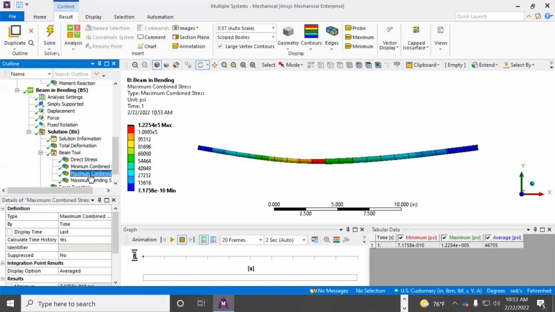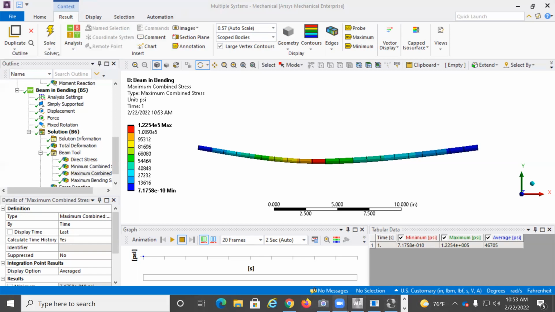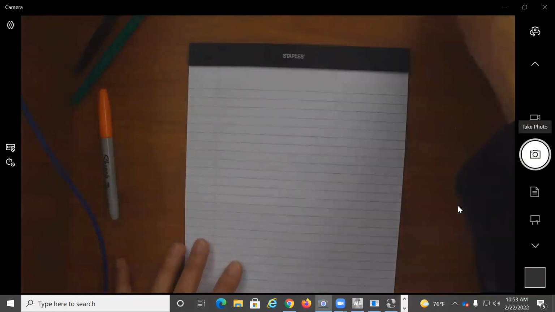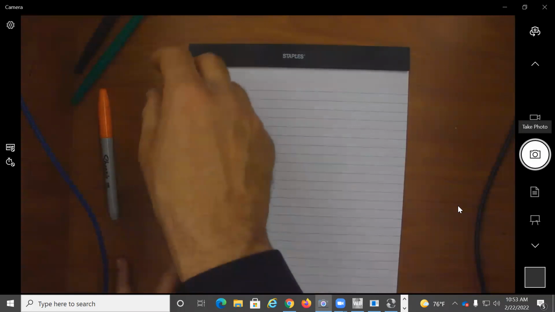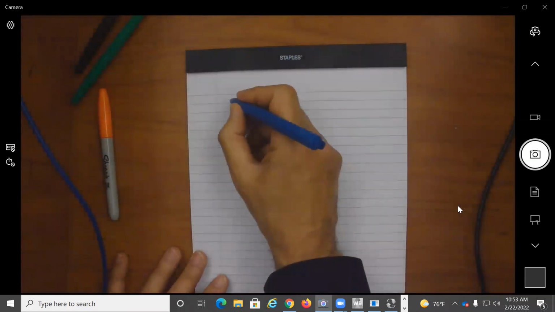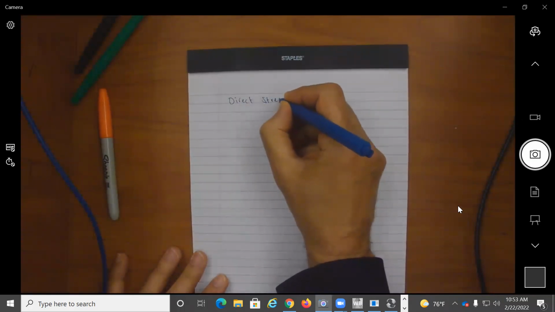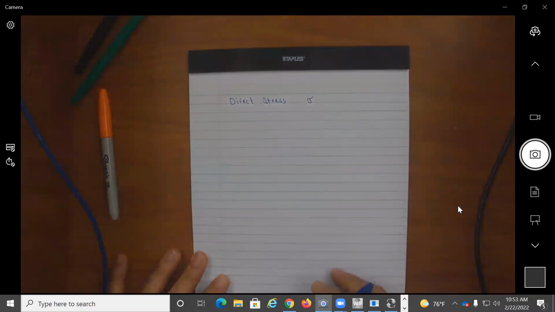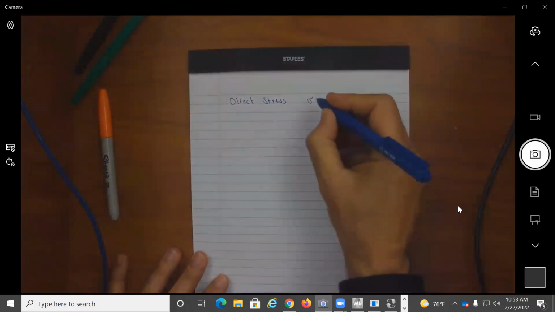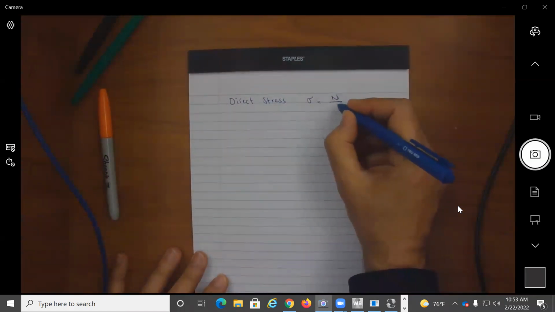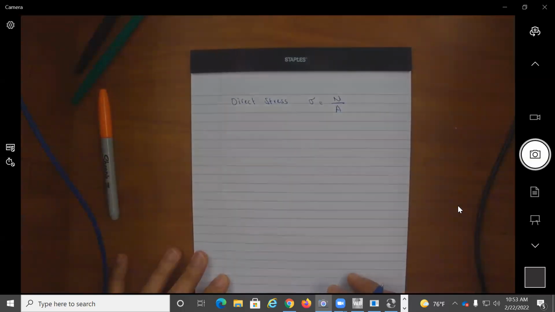What do these direct and bending stresses really mean? The direct stress, and we're looking at a sigma here, is calculated using the normal force divided by the area.